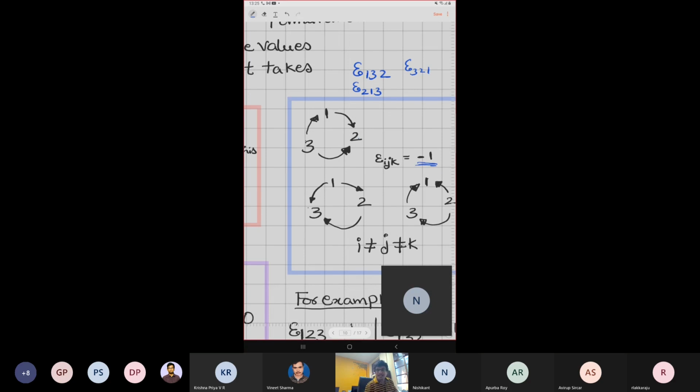All these things hold when i is not equal to j is not equal to k. Whether clockwise or breaking that clockwise order, as long as i, j, k are all different, it is either +1 or -1.